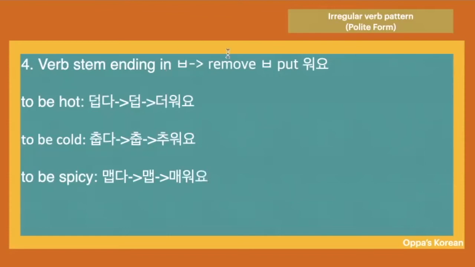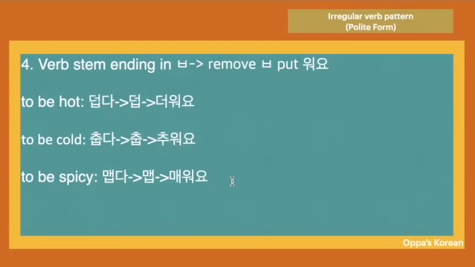For this pattern, I need to point out that this is usually for descriptive verbs, not for action verbs. Then what is a descriptive verb? Descriptive verbs are to be an adjective, like to be hot, to be cold, to be spicy.